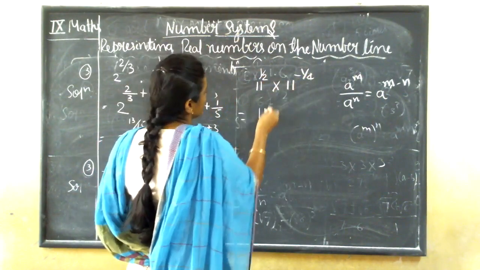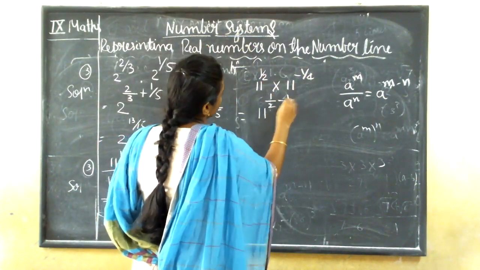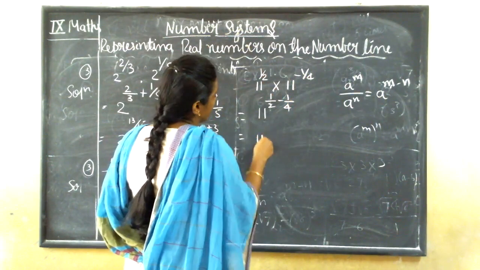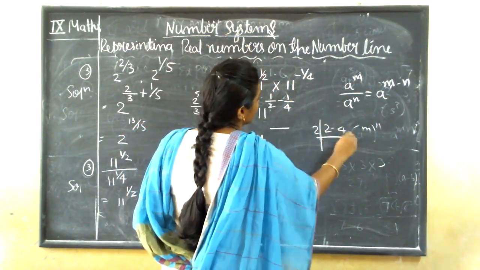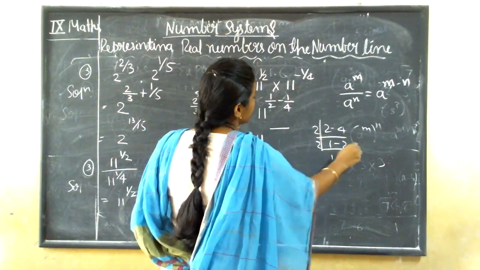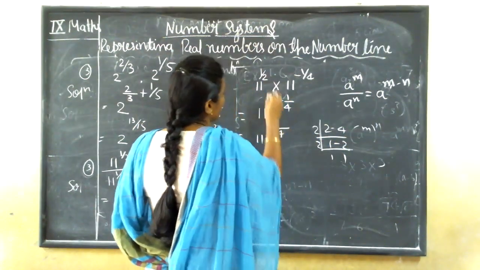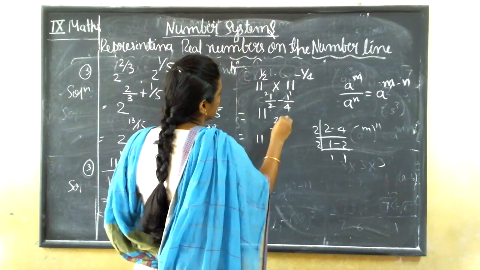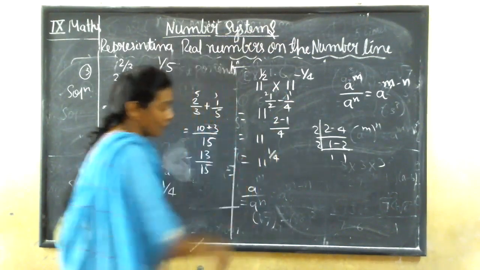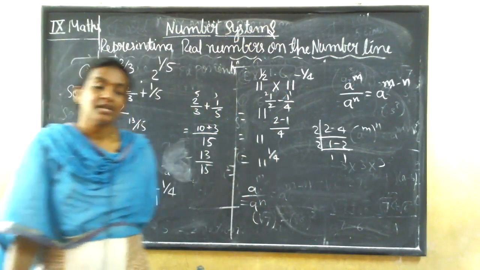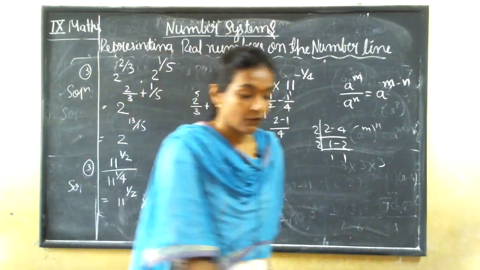You can write 11 raised to 1 by 2 minus 1 by 4. What is the LCM of 2 and 4? It is 4. 2 2s are 4, 1 2 is 2, minus 1. So 11 raised to 1 by 4. The answer is 11 raised to 1 by 4.